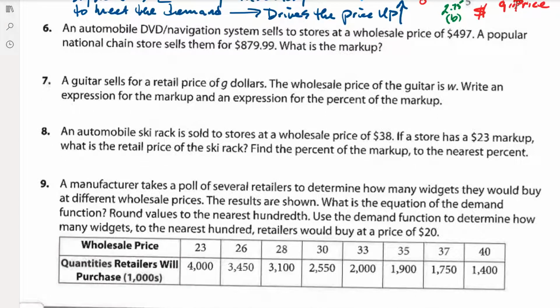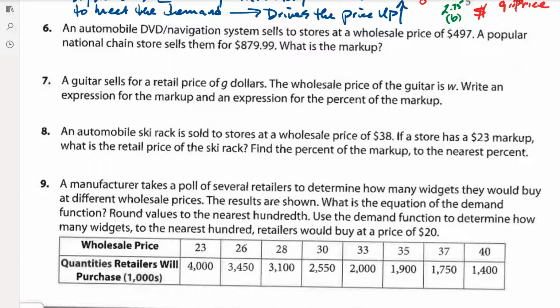An automobile DVD navigation system sells to stores for a wholesale price of $497. A popular national chain sells them for $879.99. What's the markup? Well, that's a pretty easy question, because the markup is the dollar amount over the wholesale price.